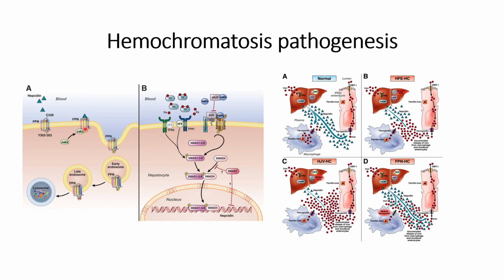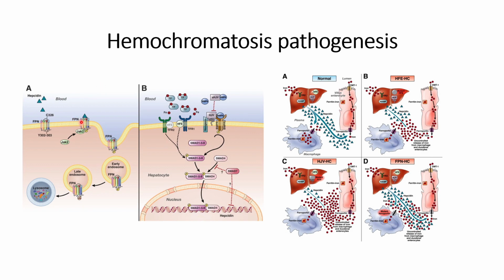So this hepcidin binds to the FPN and prevents the transport of iron from the cytosol of the cells into the extracellular matrix.